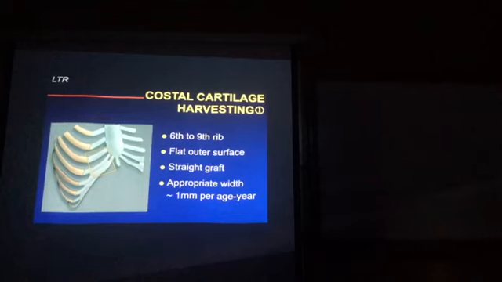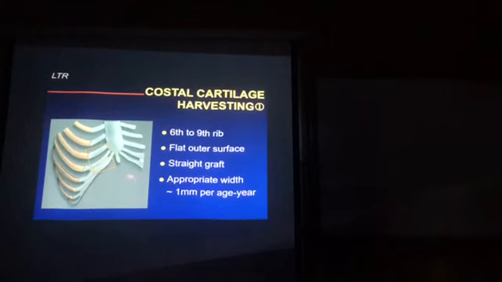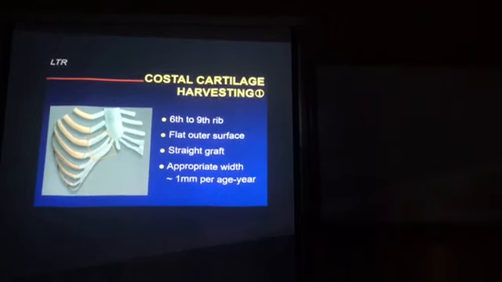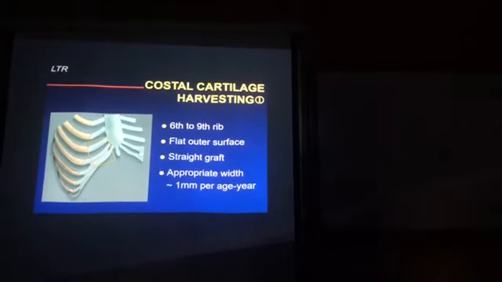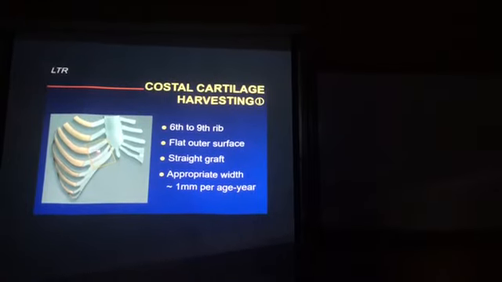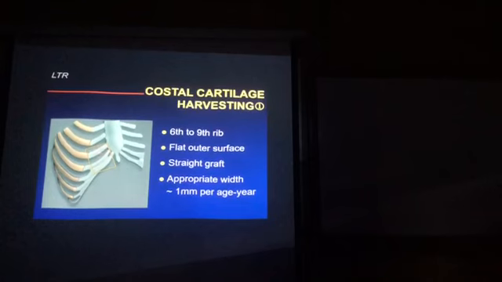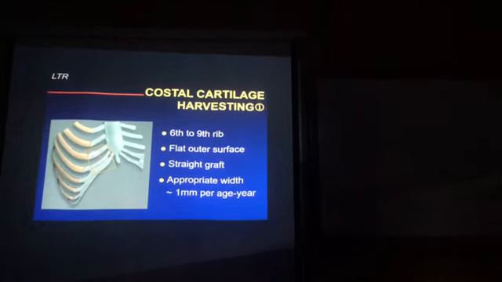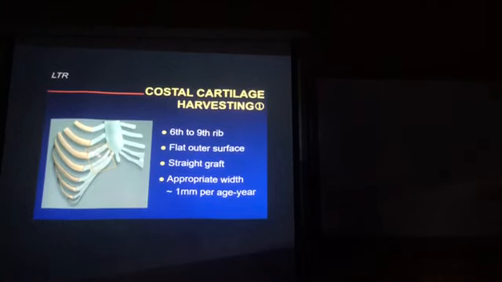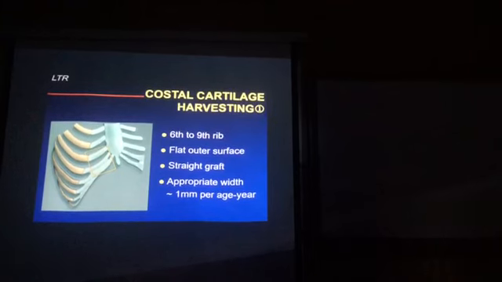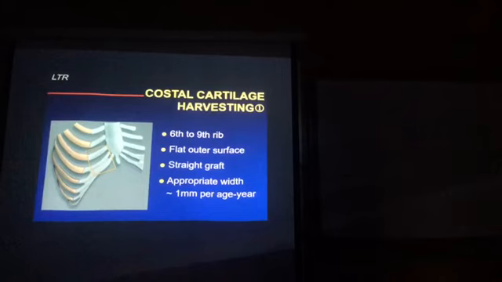But as I said many times, you are limited by the width of the rib anyhow. So if you need a very large rib, sometimes you cannot create the flanges because you lose some width of your graft. So you just cut it vertically and then you suture it to the divided portion of the cricoid plate.